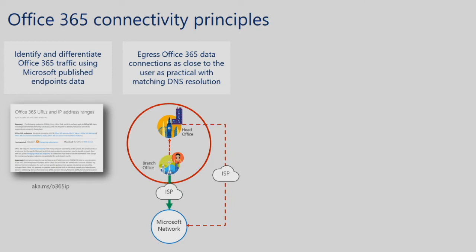I think part of the issue with explaining this is we haven't done a massively good job in the past of talking about Microsoft's infrastructure that we have in place to improve the service and connect you to your data. So once you understand that, this principle makes a lot more sense. The other point of that is DNS resolution close to that egress. Again, as we talk through the workload, you'll see why that's important. Essentially allowing us to connect you to local services.